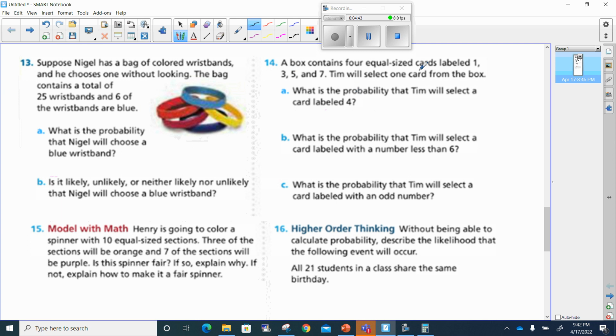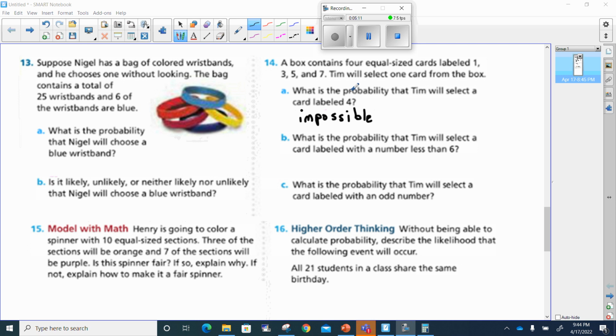Well, there are no cards labeled 4, so it is impossible, right? Impossible for him to draw 4 when there's only 4 cards and they're labeled 1, 3, 5, and 7.